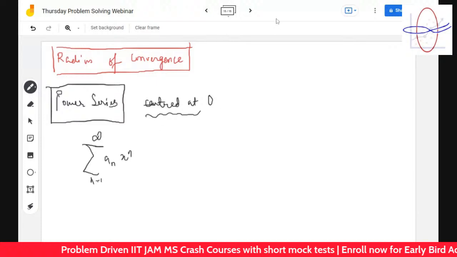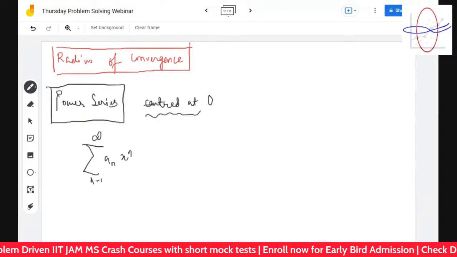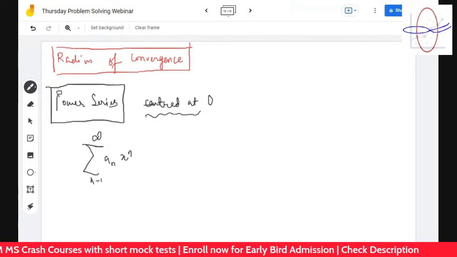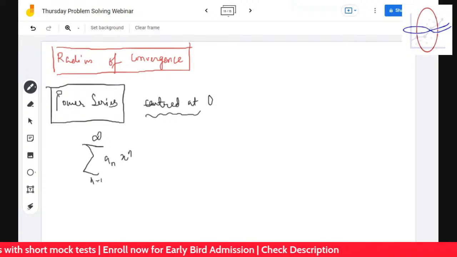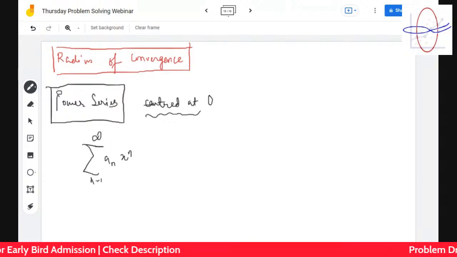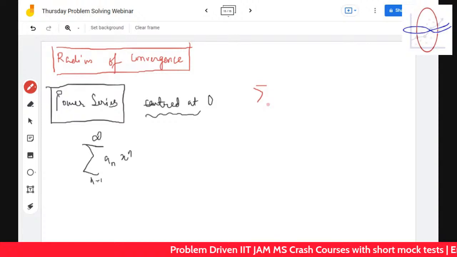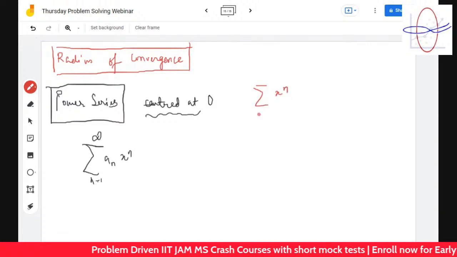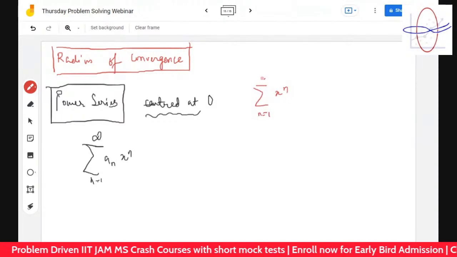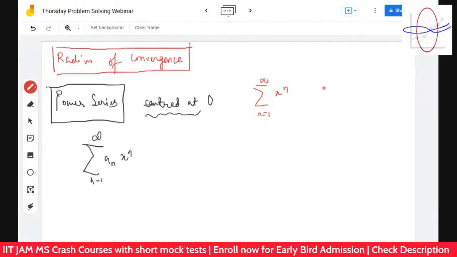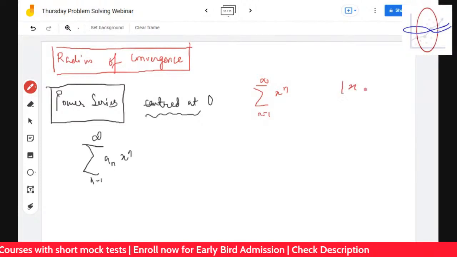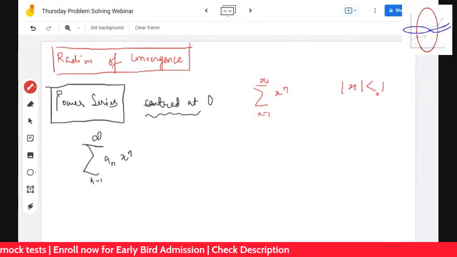So the question is that the power series needs to have an idea of convergence. For example, the summation of x to the power n from 1 to infinity does not always converge.